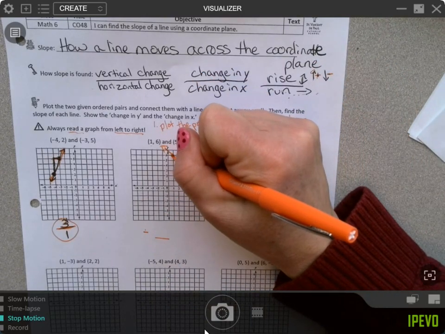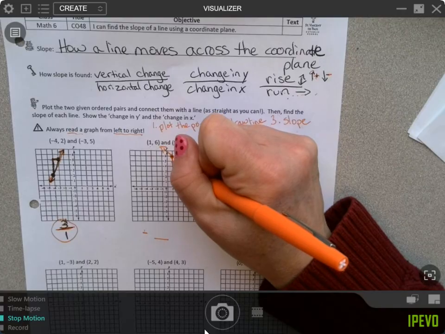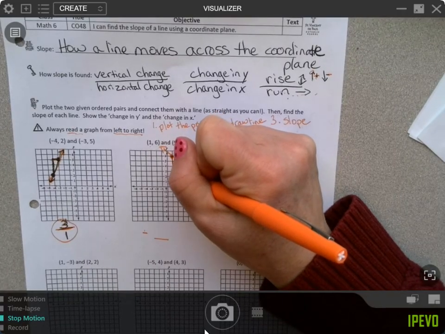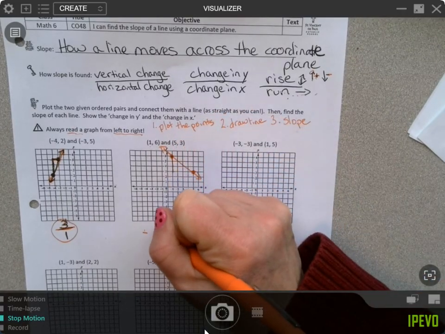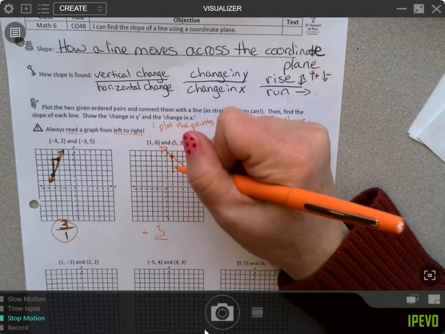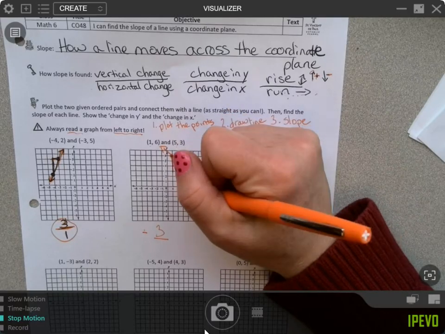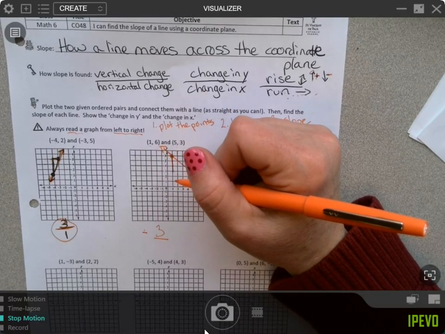Let's see how many down we go. Who can tell me? What do you think the slope is, Lila? Let's check and see. 1, 2, 3. Yep, we go down 3. And notice how I'm actually drawing my line. I do that to help me with my counting, because when I stare at this graph, sometimes it all blurs in my eye.